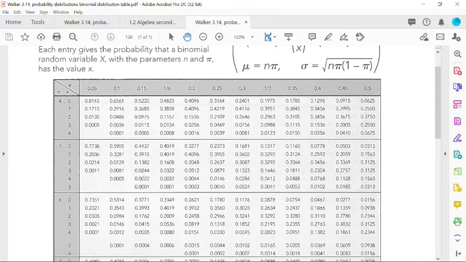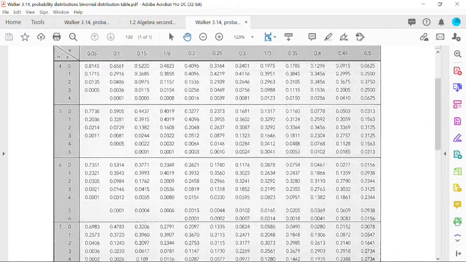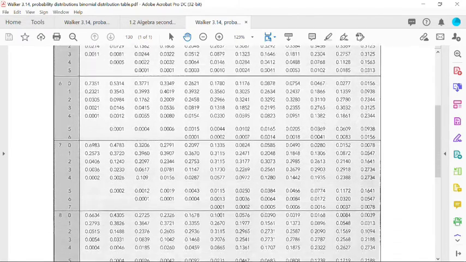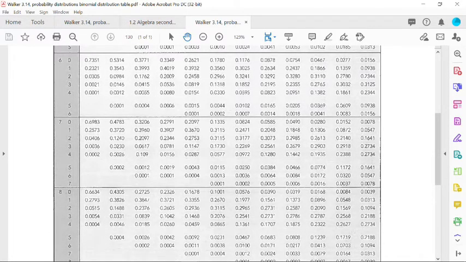I'm going to have to scroll down a bit, though, because 8 is down quite a bit further. Again, 0.45 is this next to the last. Here's 8. We're going to choose 5. Going across there, there's our value.